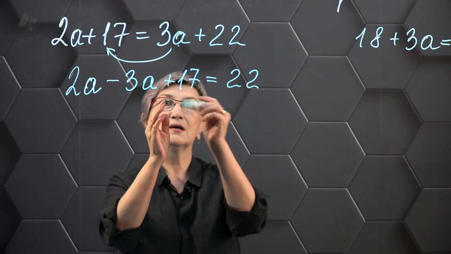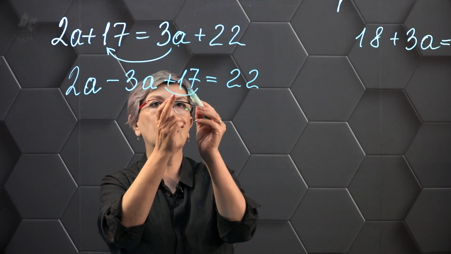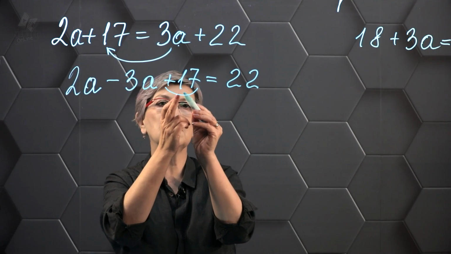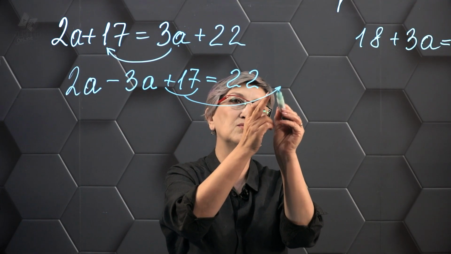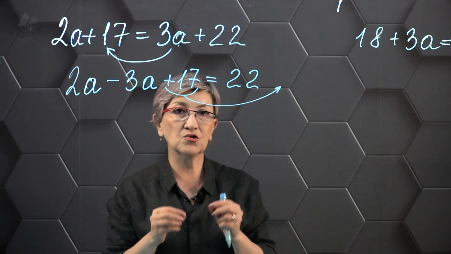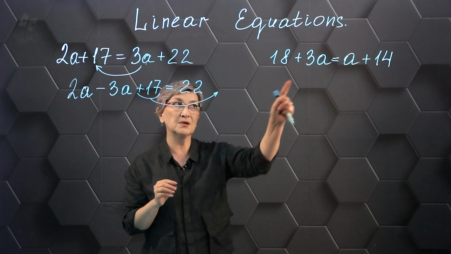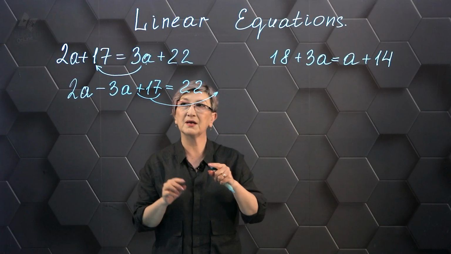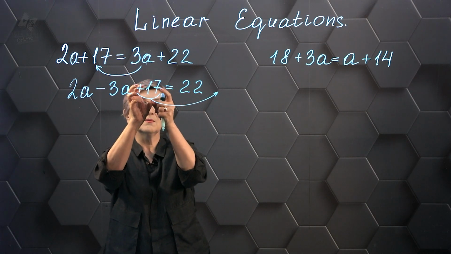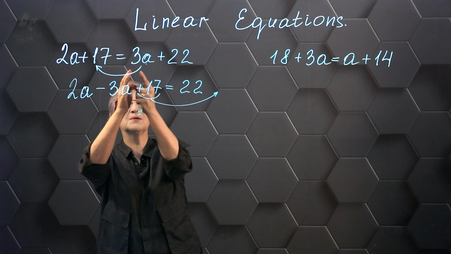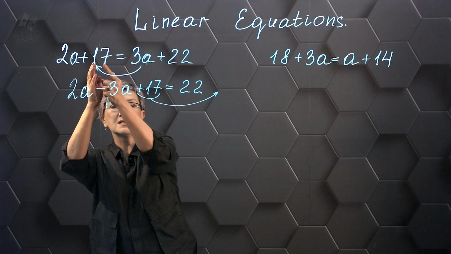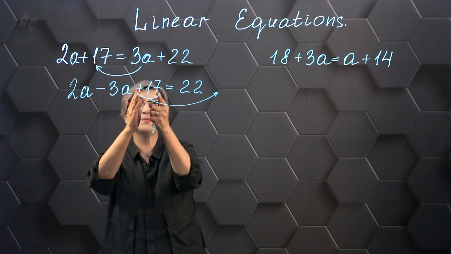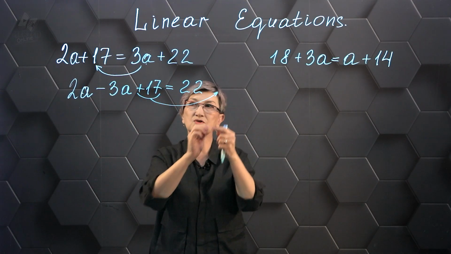And now we move the summand 17 to the right side. These actions can be performed simultaneously. This is what we will show in the second example, but for now, we'll show that first we move the summand with the variable and then we move the constant to the right-hand side.